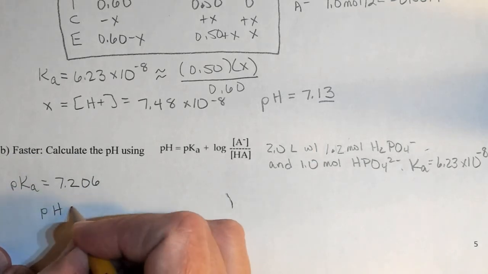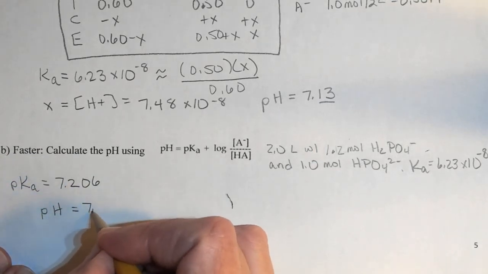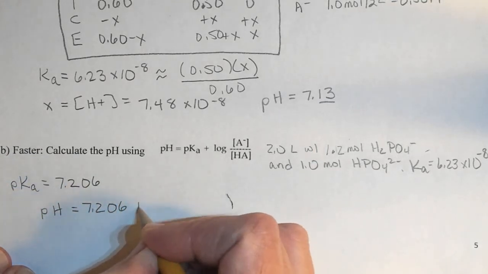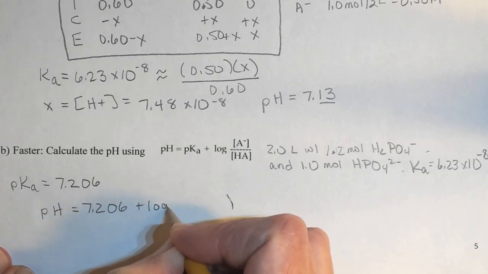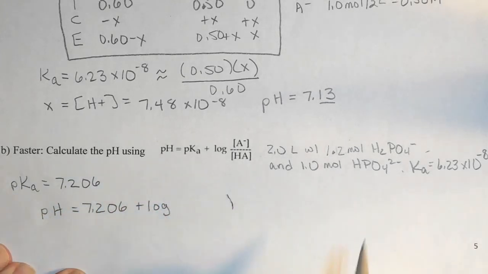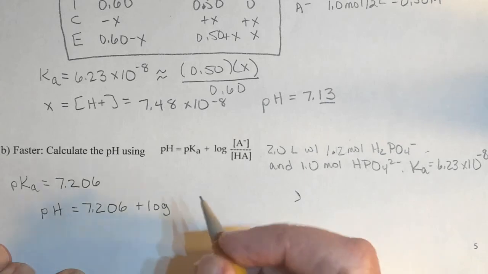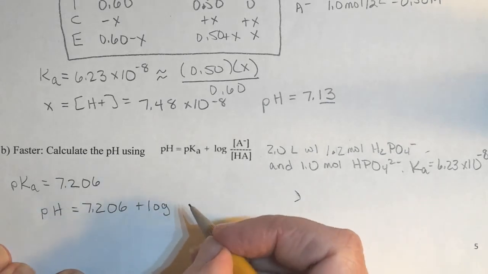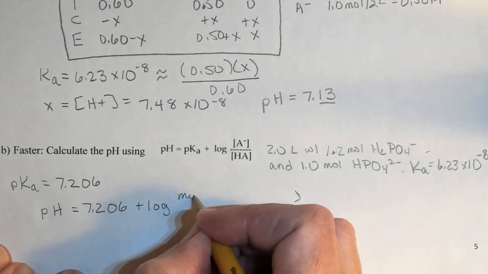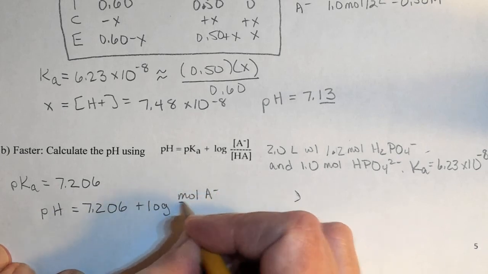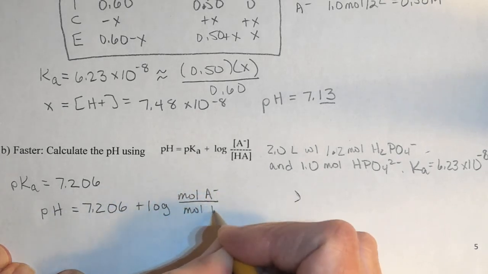pH is going to be equal to 7.206 plus log. And we just need to use a ratio, and so we can use mole of A over mole of HA. So mole of A minus over mole of HA.